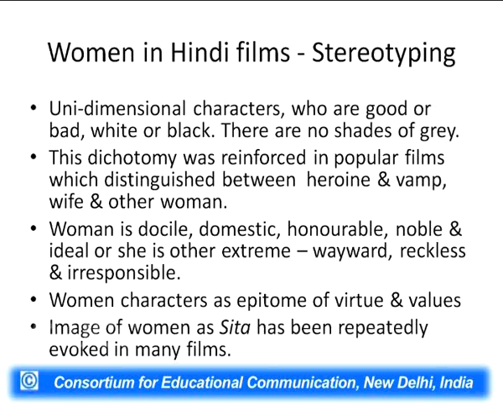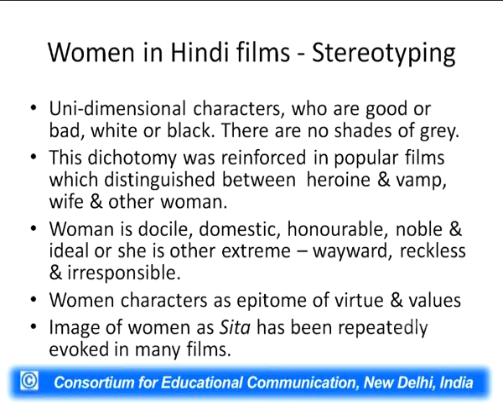So when you see how women have this kind of dichotomy, this kind of binary in which they are being portrayed, the women characters who are good are considered to be some sort of an epitome of virtues and values. They are symbols of these ideas, and we have seen how the image of Sita has been repeatedly evoked in many films.